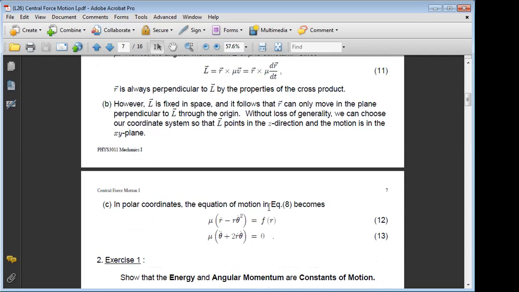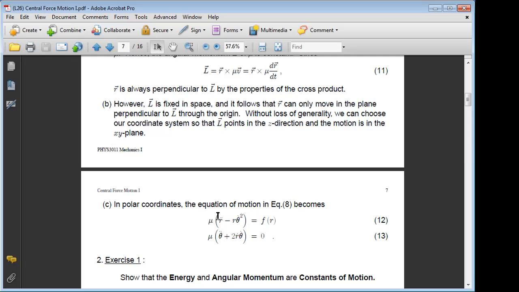Since the interacting force acting on the reduced mass particle is a central force, we can reduce a three-dimensional single-body problem to a two-dimensional single-body problem. So there are only 2 degrees of freedom.